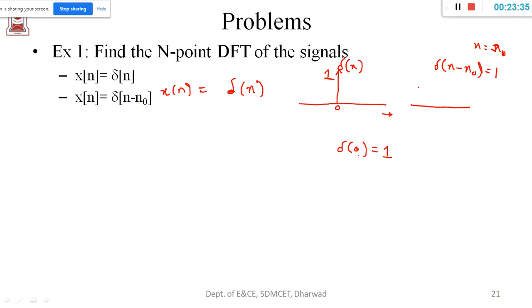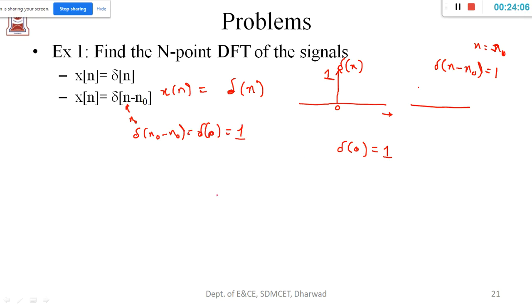So for delta of 0, the value is 1. If you put n equal to n naught in this equation, what happens? Delta of n naught minus n naught, so once again delta of 0. At that time the value of delta of n minus n naught becomes 1.